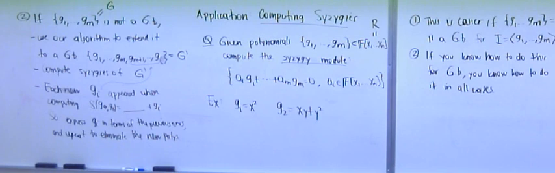So this one is, I don't know, let's call it A, and this one is B. If I give you a little bit of time to stare at this, you might notice that if you take B and you multiply it by x minus y, you're going to get A.